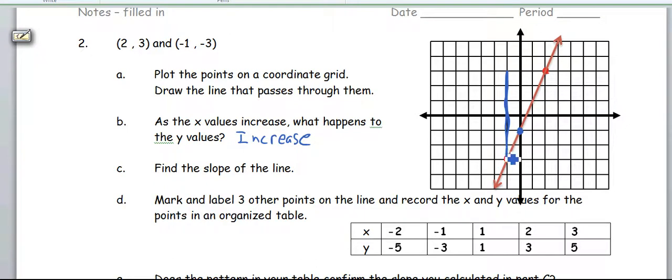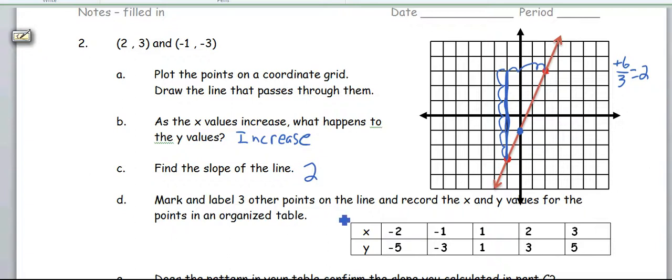I go up 1, 2, 3, 4, 5, 6. So that's positive 6, and then I move 3 to the right. Positive 6 divided by 3 is 2. So the slope of the line is 2.